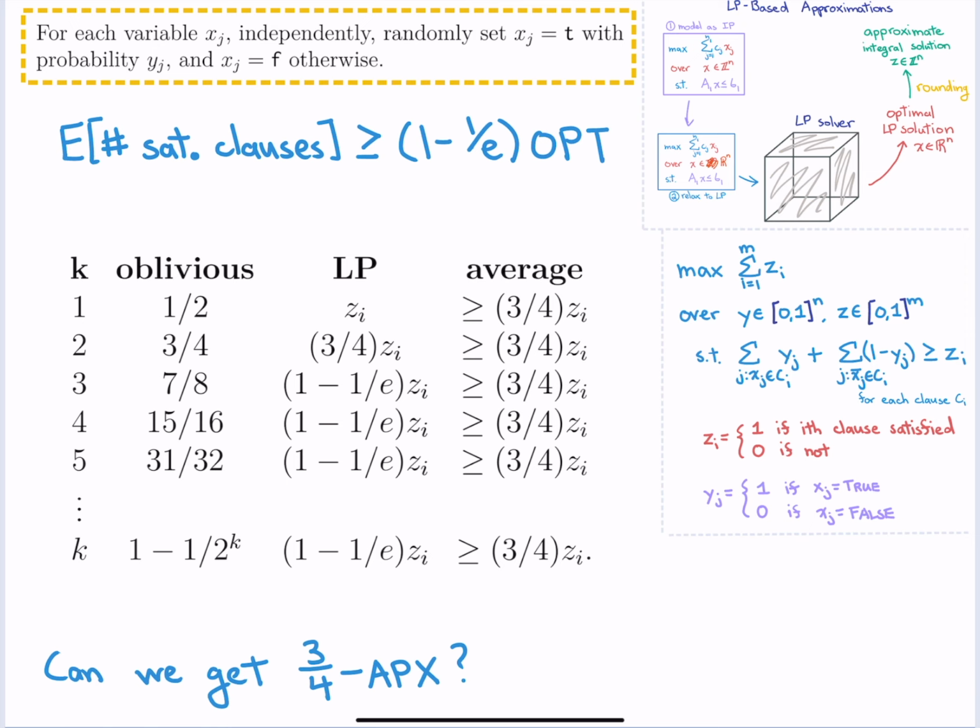Because the LP does really well when k is equal to 1 and k is equal to 2, especially, since it's getting 1 and 3/4, while the oblivious approach is much better when k is big: 7/8, 15/16. So they have different strengths. Is there any way I can combine the two algorithms and get a 3/4 approximation?